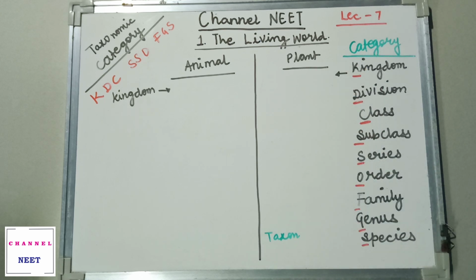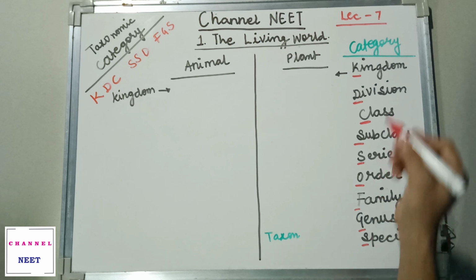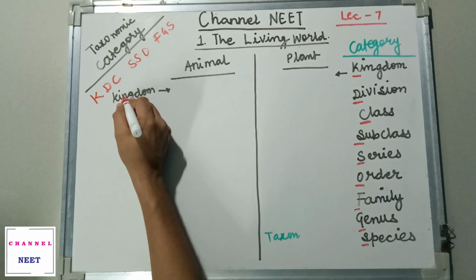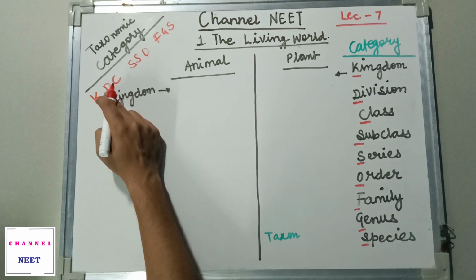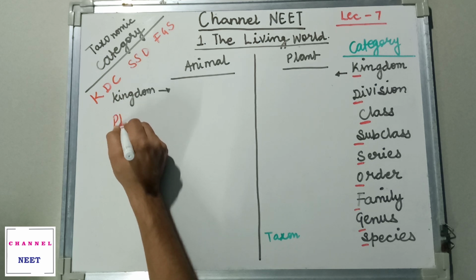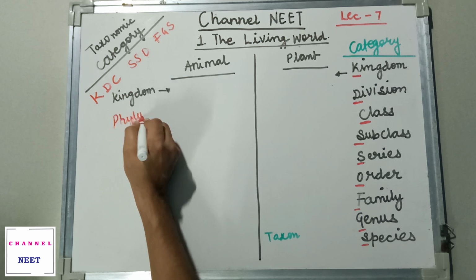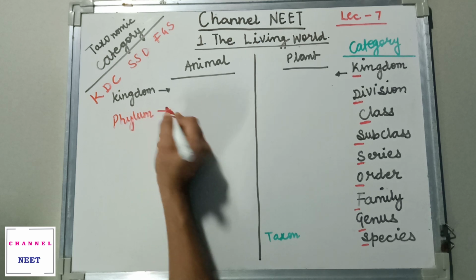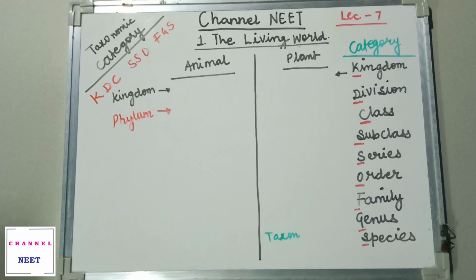Now the main important stuff I want to discuss with respect to the category kingdom. You have a word here known as division, but while classifying an animal, this division is replaced by the word phylum.